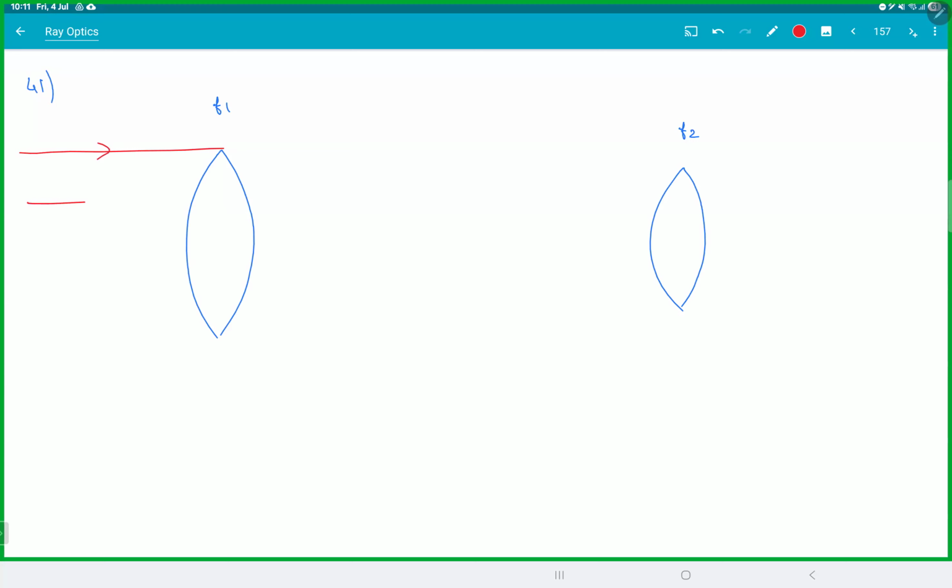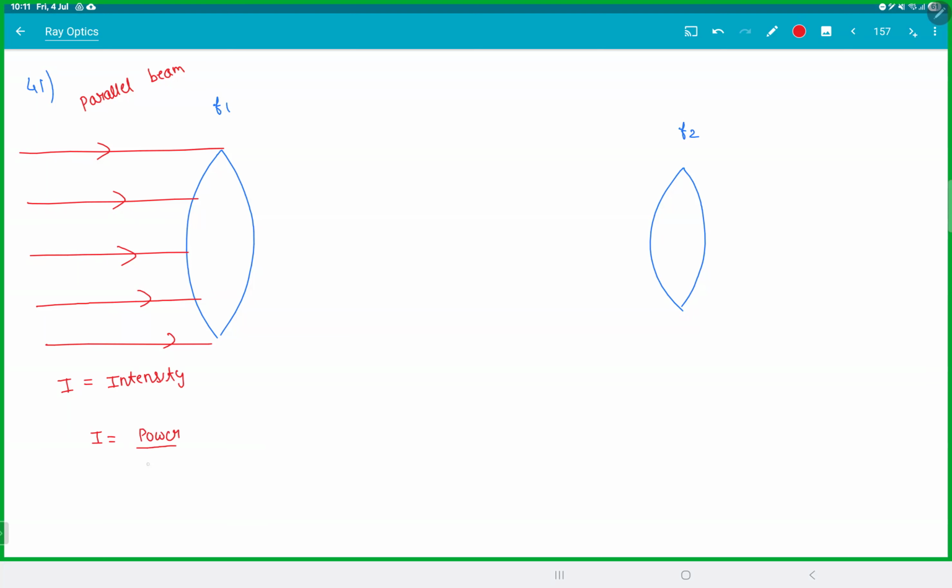So let's say you sent a parallel beam here. These are normally used in lighthouses. You can take a light beam, compress it and make it more intense. I is the intensity. Intensity is nothing but power by area. And what do we notice when you send a parallel beam onto this?